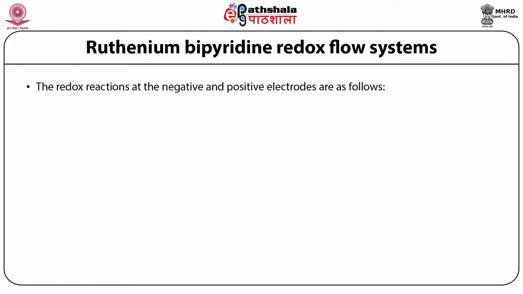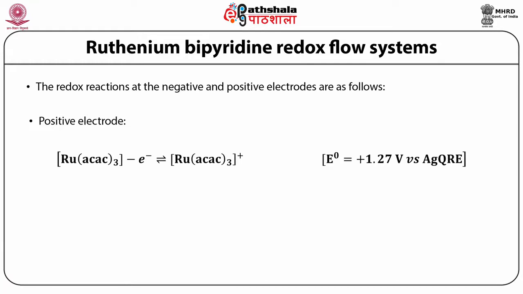The redox reactions at the negative and positive electrodes are as follows. At the positive electrode, Ru(acac)3 minus an electron charges or discharges to give Ru(acac)3 plus, with E0 equal to plus 1.27 volts versus AgQRE.